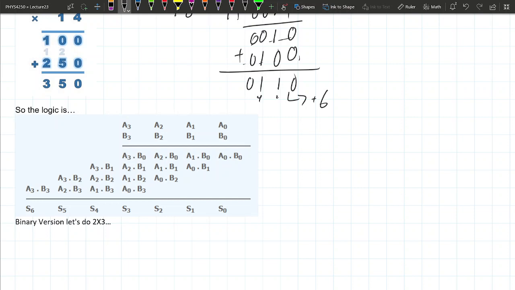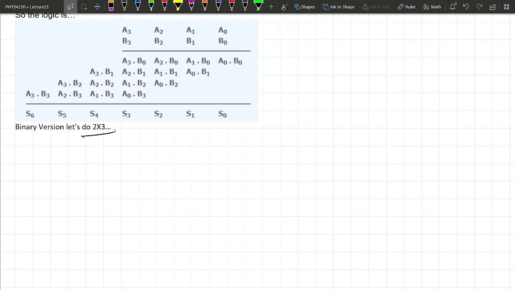All right? So let's keep following this 2 times 3 example. How do we construct this? We need a bunch of AND gates. In fact, for 2 bits times 2 bits, we need 4 AND gates. And this is going to be a little wonky.